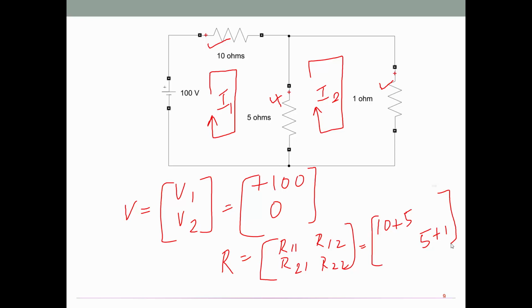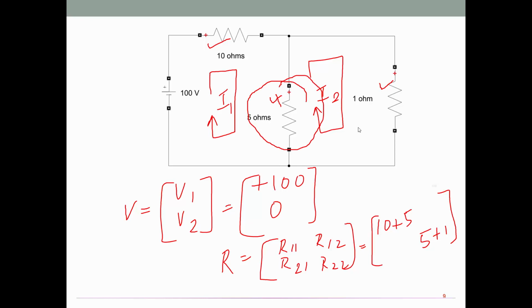We are supposed to calculate off diagonal elements. The off diagonal elements are R12 and R21, which represents the common resistance between loop number 1 and 2. The common resistance between loop number 1 and 2 is 5 ohm resistor, this one. Okay, so let me take down 5 here.